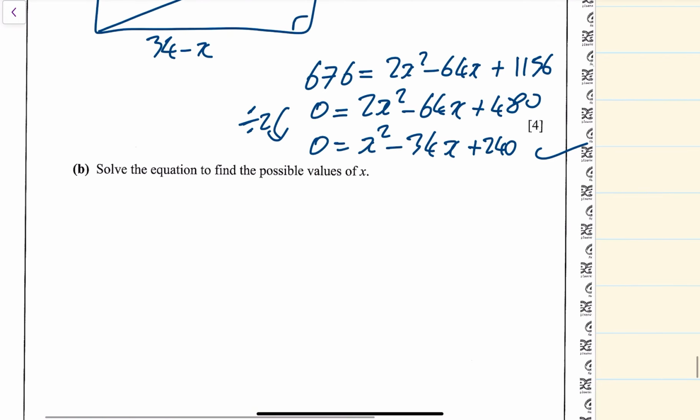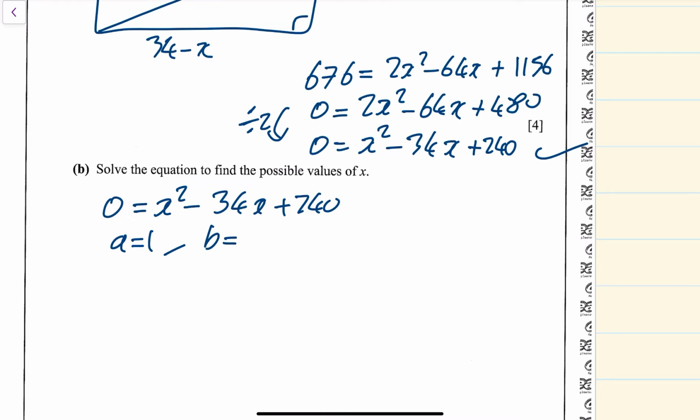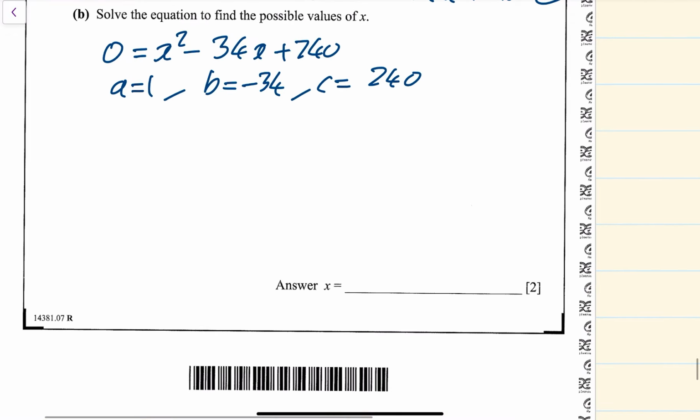Solve the equation to find the possible value of x. I'm looking at this one. This might factorize, it might not. I'm not even going to try. I'm just going to use a quadratic formula. So I write down my value of a is 1, my value of b is minus 34, my value of c is 240.